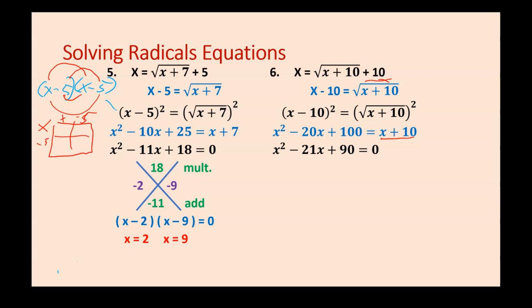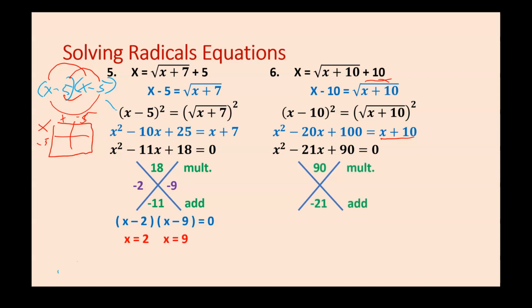So now that we have a quadratic equation that we're solving for x, let's do the diamond method again. So we put the last term at the top and the middle coefficient at the bottom.